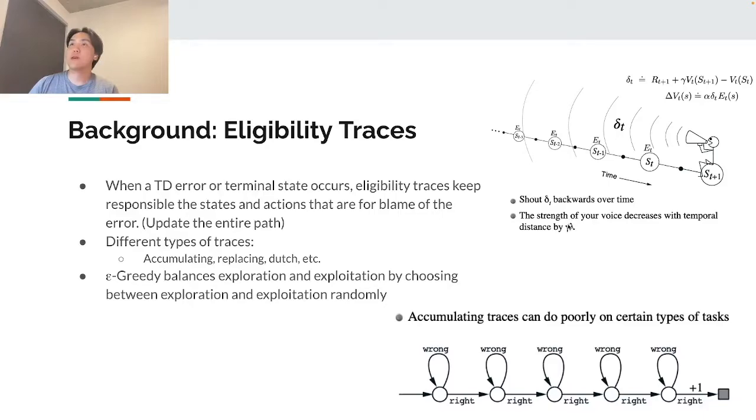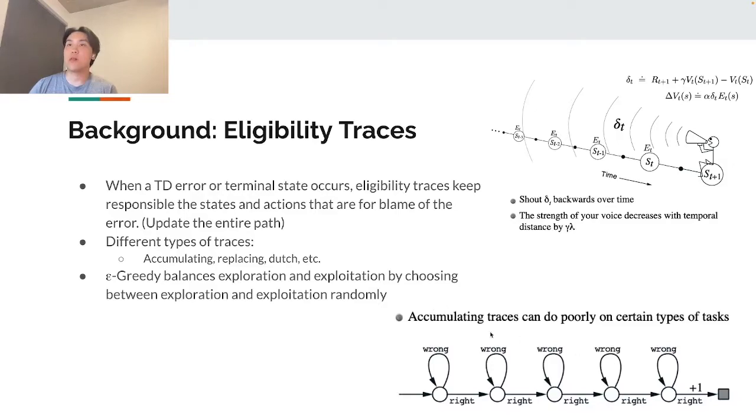By setting lambda, we can control, it can be thought of as the strength of your voice decreasing. So with a very high lambda, you're making more of an impact and updating the previous experiences more strongly. And there are different types of traces, namely accumulating, replacing, and Dutch. For my implementation, I'll be using replacing, as accumulating traces can have some issues, such as doing poorly on certain types of tasks.